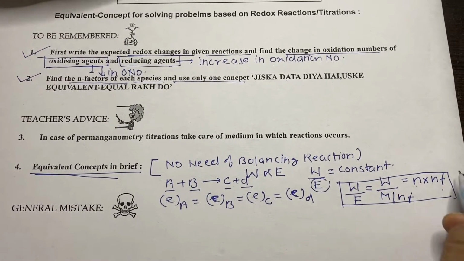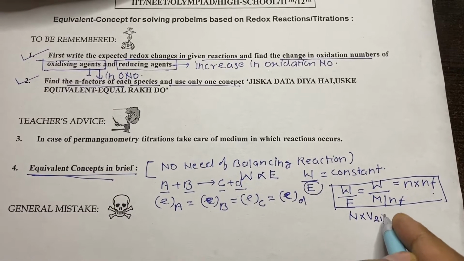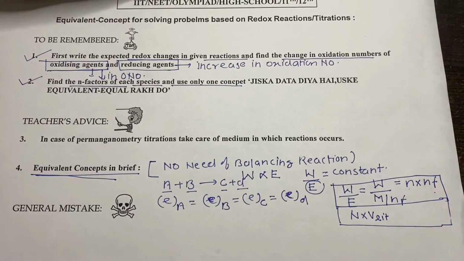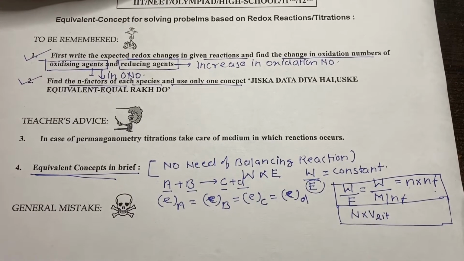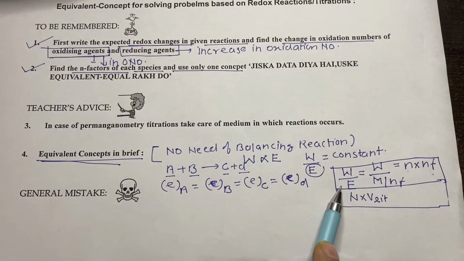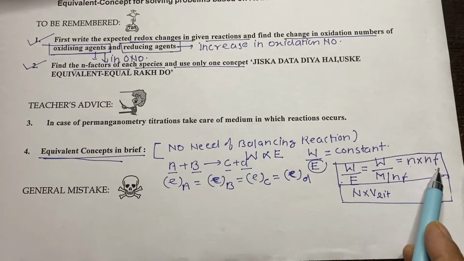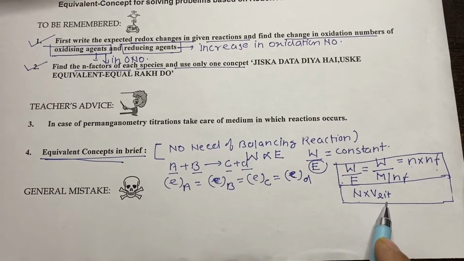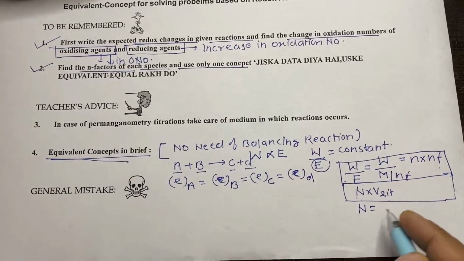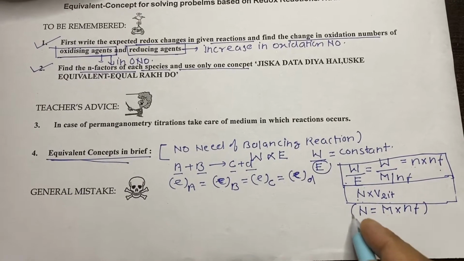Also, this can be put equal to the normality into volume in liters. So according to the question, in whichever format it has been asked, we can use the equivalents, like W by E is equal to n into N factor, which will be equal to N into volume in liters, where capital N stands for the normality, and normality will be equal to the molarity into N factor.